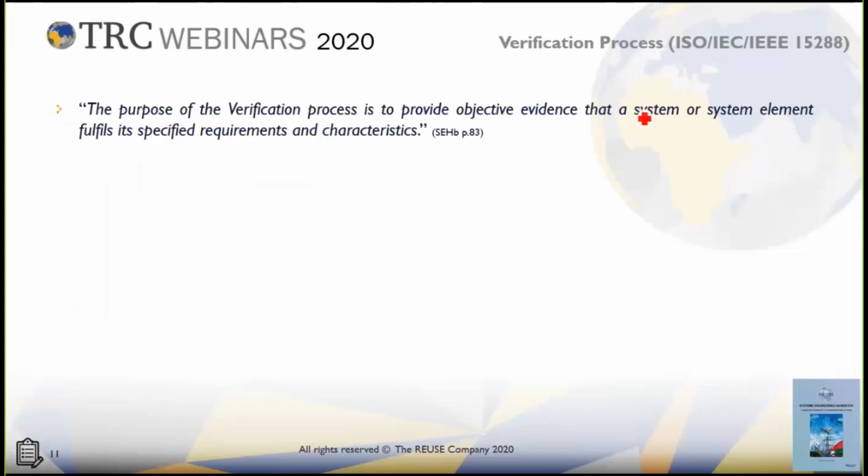I would like just to put the focus here that this definition is very good, I like it very much. It confronts a system with requirements, it's clearly clear. If you see these references here, it is stating in which page of the Systems Engineering Handbook you can find this definition.